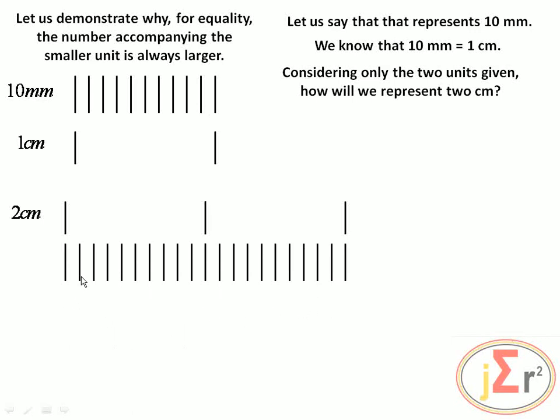And what do we know? 1, 2, 3, 4, 5, 6, 7, 8, 9, 10, 11, 12, 13, 14, 15, 16, 17, 18, 19, 20, till we are out of breath. So we have 20 millimeters, and that is representing 2 centimeters.